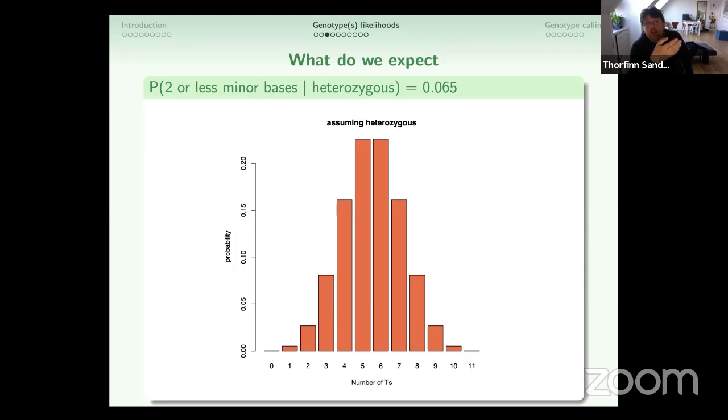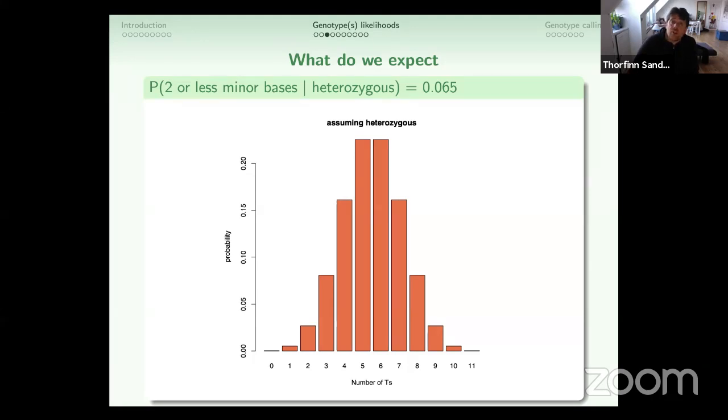And then we can look at the probability that we observe 2 or less minor bases for this specific position. The probability here would be taking the sum of the tails, and that would be around 6.5%. But this is assuming that it's heterozygous. This is what we do not know.